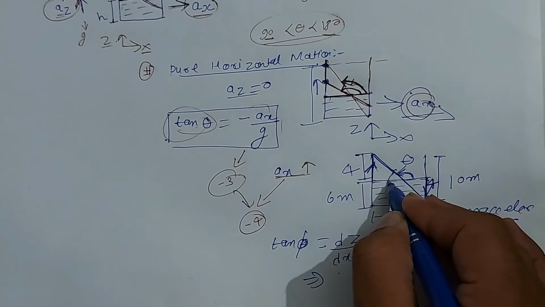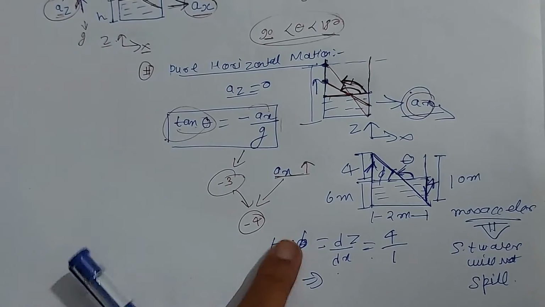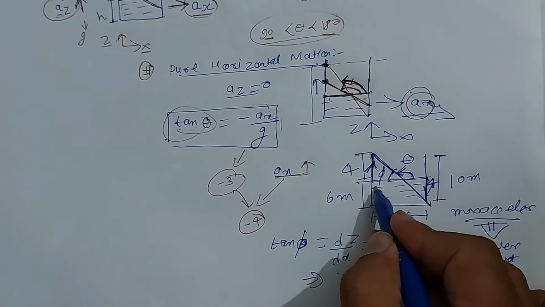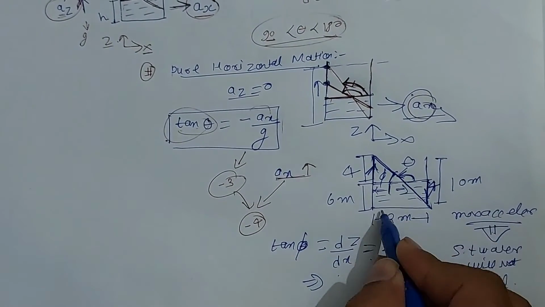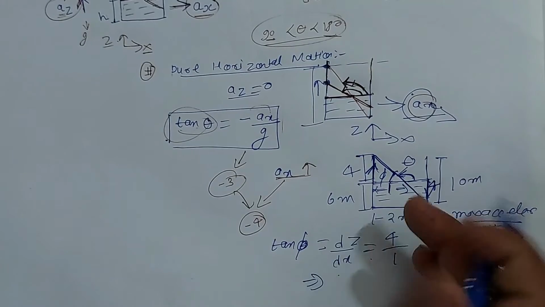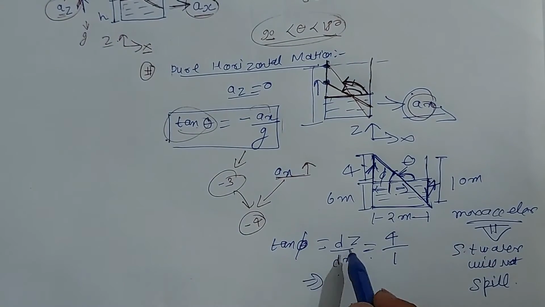Suppose this angle is phi, so tan phi we can calculate as 4 over 1. This is 2, half of it would be 1, so 4 by 1 would be this tan phi.